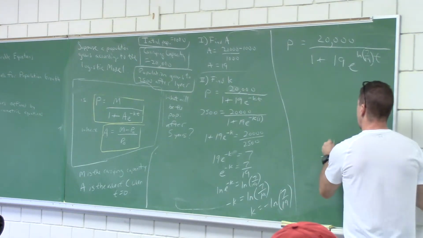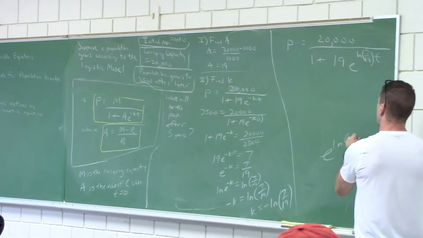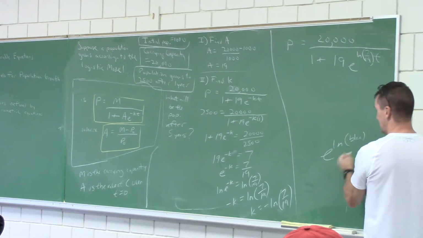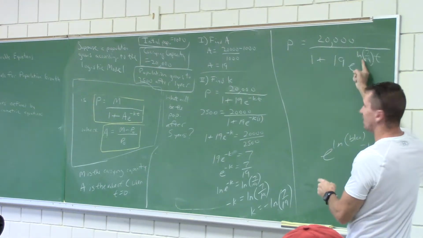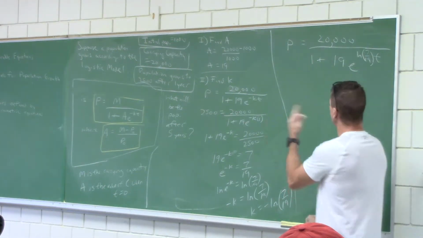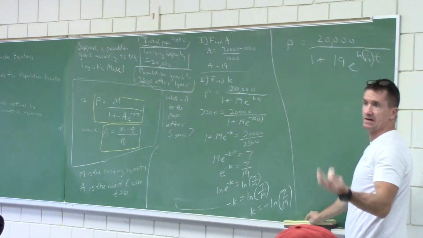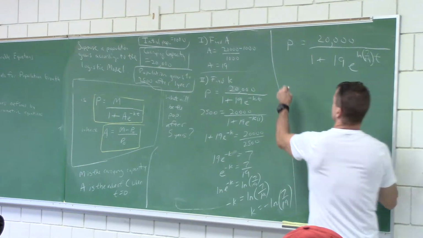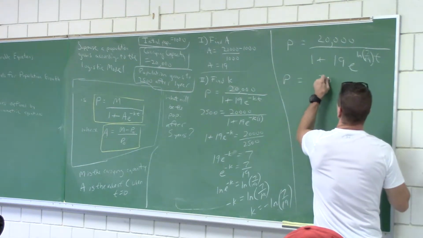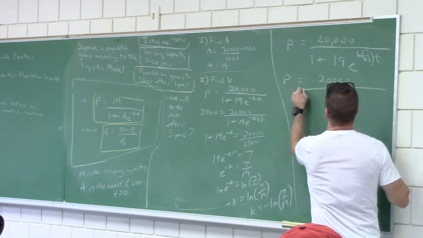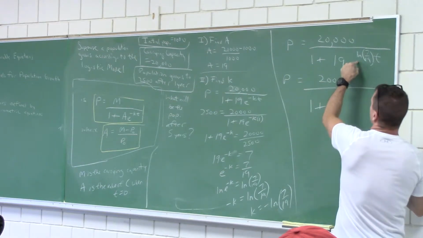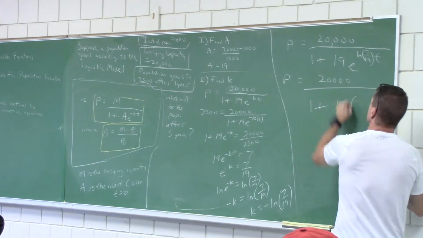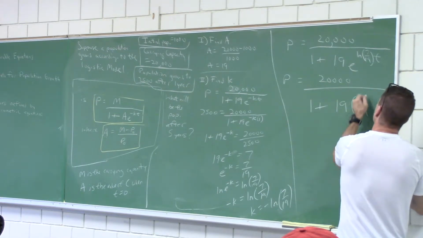Cool. I have another suggestion. What's e to the ln of blah? Blah. Do you see an e to the ln of blah there? So I'm just going to rewrite this. It's up to you. You have to put this in a calculator now. My suggestion is, you don't have to, but I think it looks a little better. e to the ln of 7 over 19 is 7 over 19, and I got 1 plus 19 times, look at this, that's the same thing.